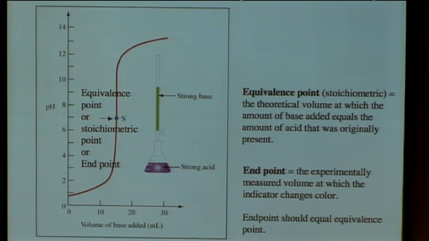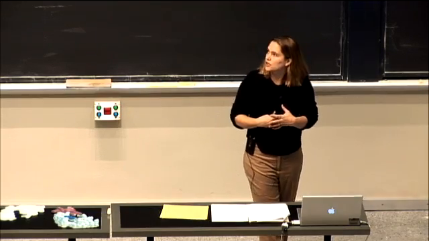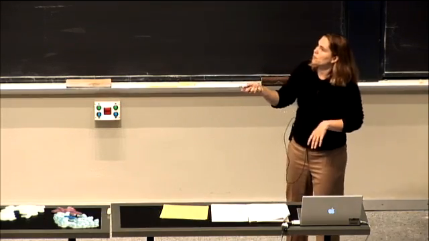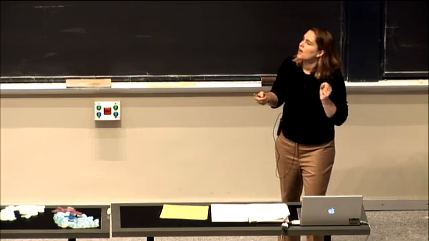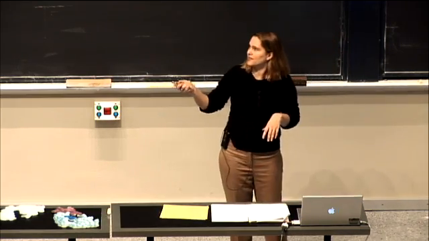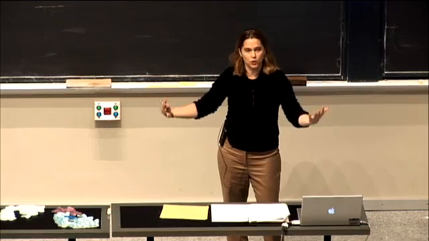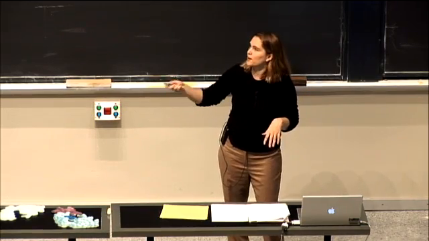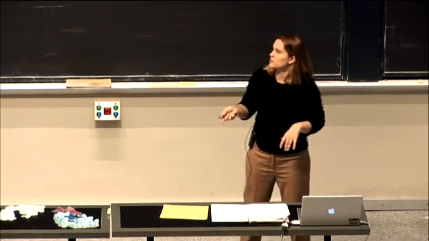And you're looking to figure out when you're going to reach either the equivalence point or the endpoint. These are basically the same terms. It's also called the stoichiometric point. Often equivalence point is used as the more theoretical, where the theoretical amount of volume is added, whereas endpoint is the experimentally measured. We're going to be talking a lot about equivalence points because we have no lab associated with this course. So everything will be theoretical in terms of these.